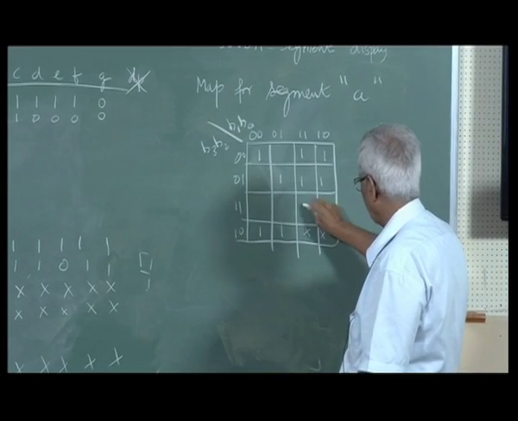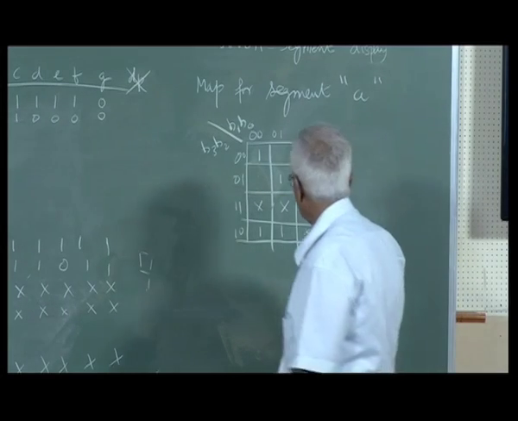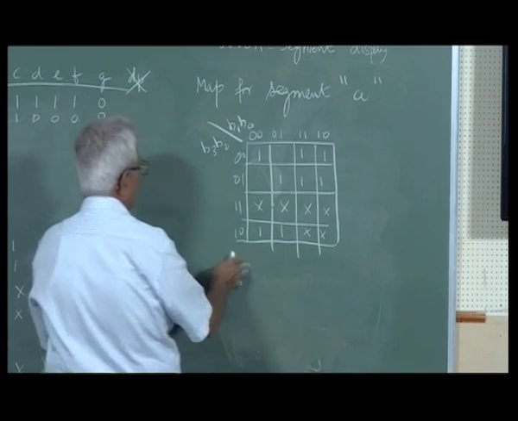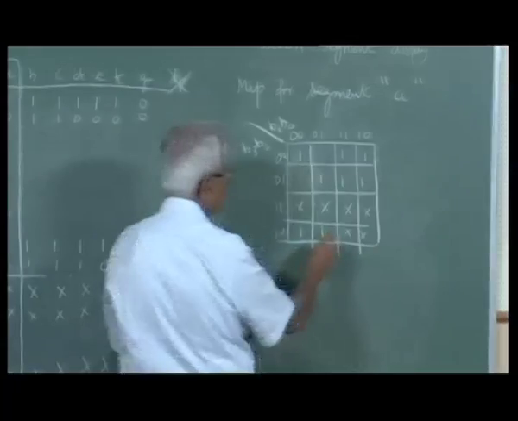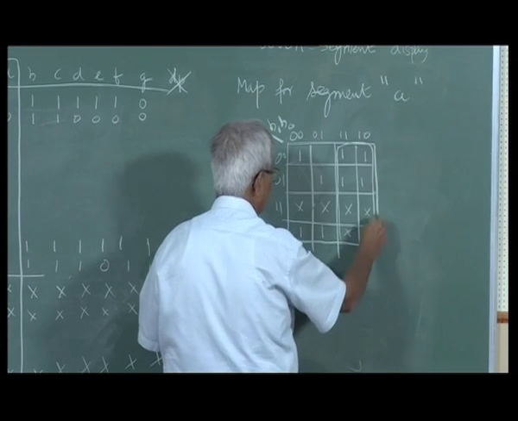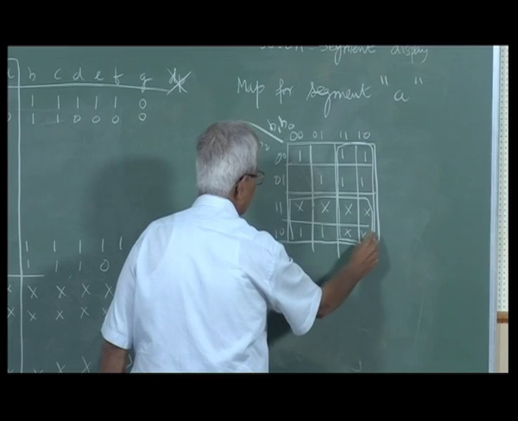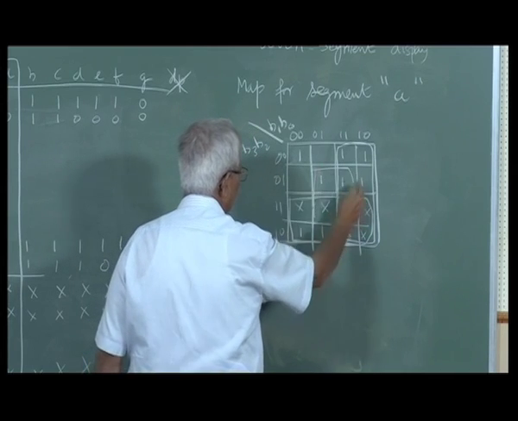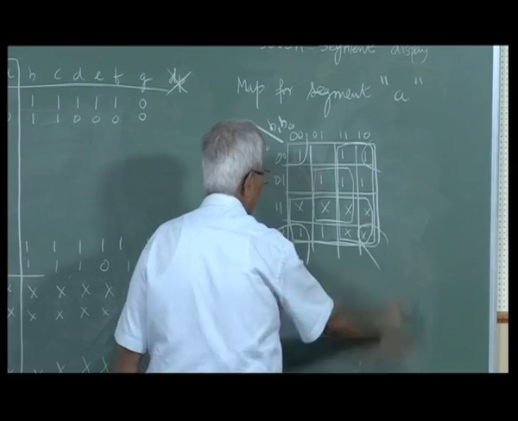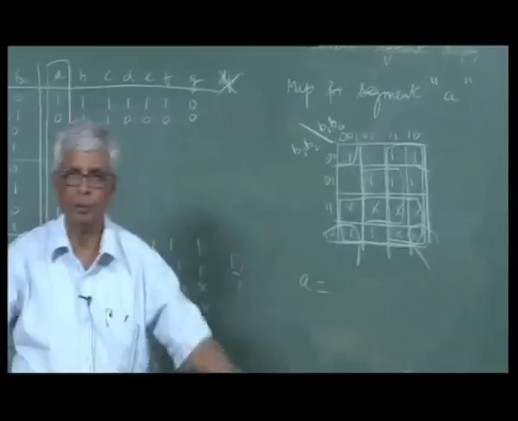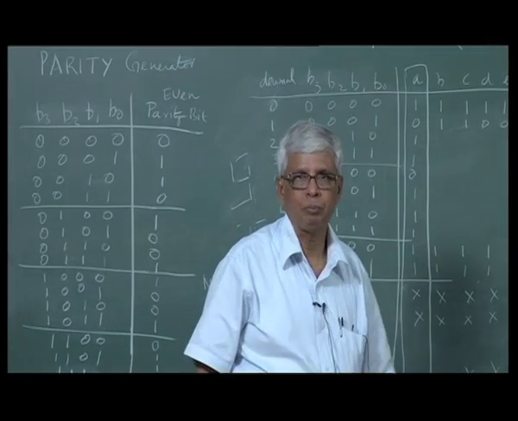Don't cares can be used as 1 or 0 depending on our advantage for simplification. This is the map for segment A. So now I can simplify A, write the prime implicants for A, and that will be my logic for segment A.